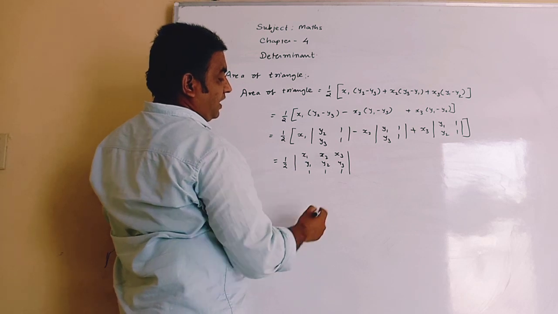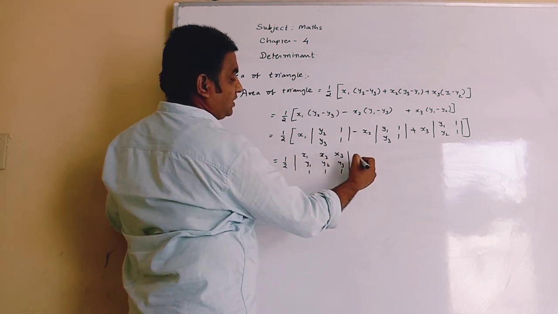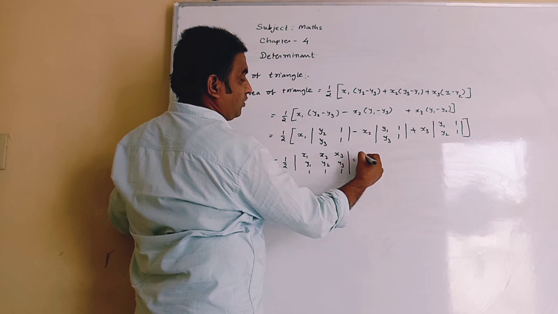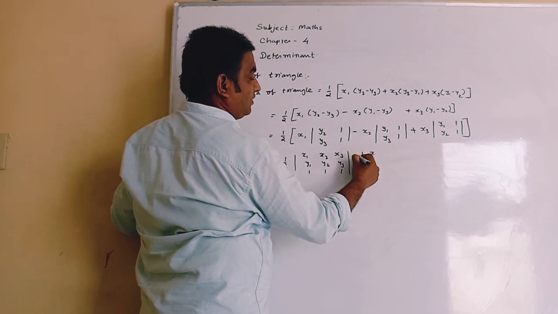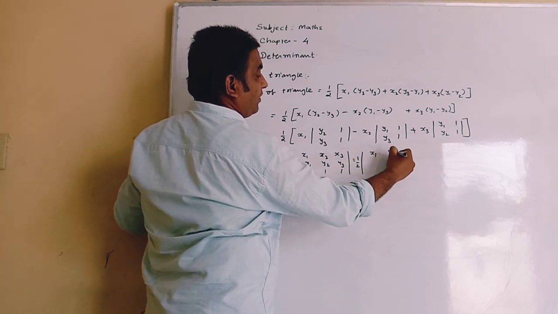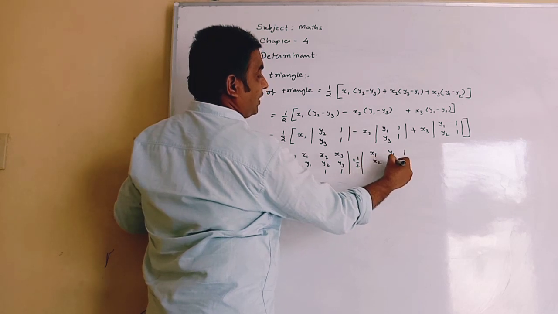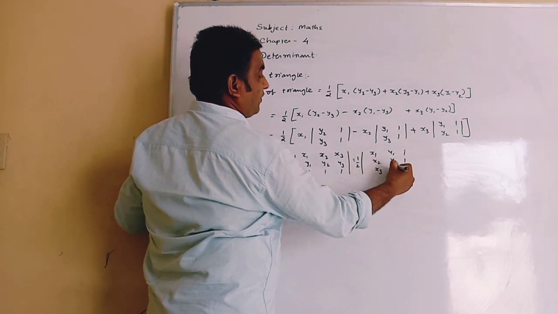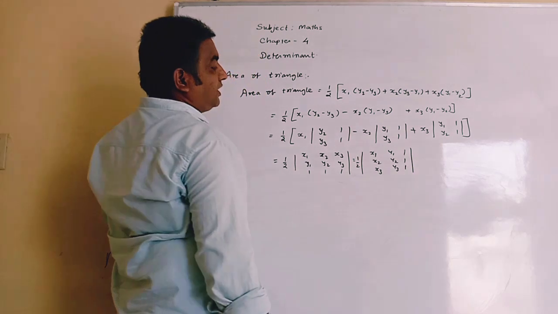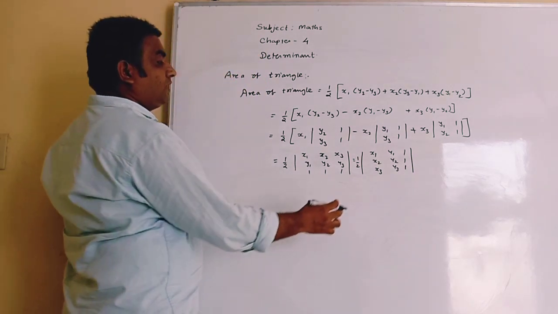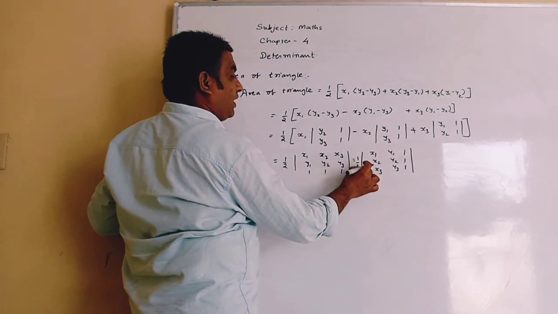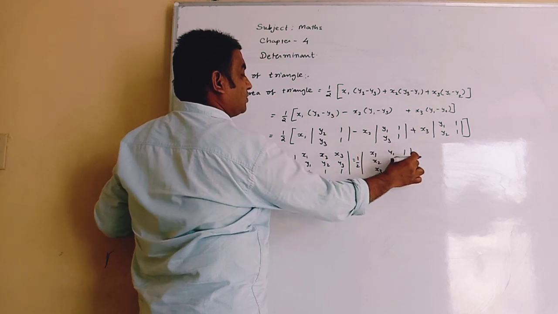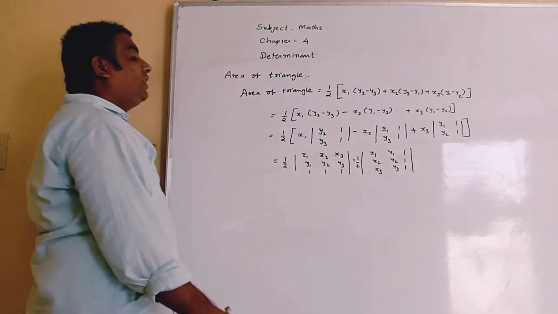We can also change the row into the column, and write x1 y1 1, x2 y2 1, x3 y3 1. So area of triangle with the determinant we can write as the formula 1 by 2 into the determinant x1 y1 1, x2 y2 1, x3 y3 1.